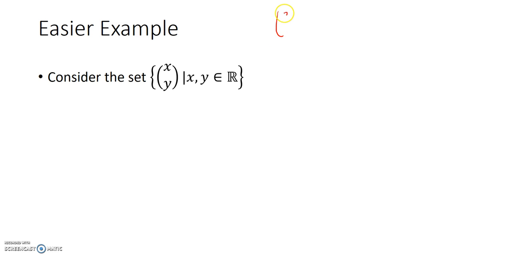So we could have (3, 4), we could have (0, -8), we could have (2.6, 5/3). That would also be a vector inside of this set. We could have (pi, e), Euler's e. We could have basically any rational, irrational, any real number.